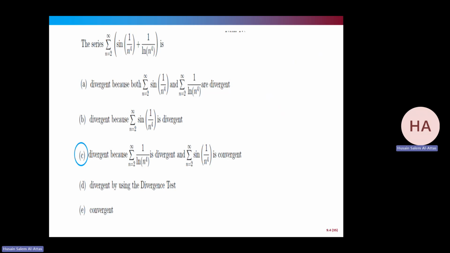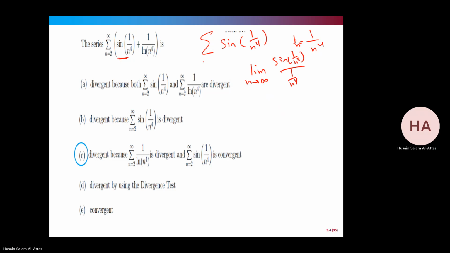Okay. So if you look at this one, sine of 1 over n to the power 4. I want to check this series. I compare it with what? Compare it with 1 over n to the power 4. That will be my Bn. Do the limit comparison. Limit as n goes to infinity, sine of 1 over n to the power 4 over 1 over n to the power 4.